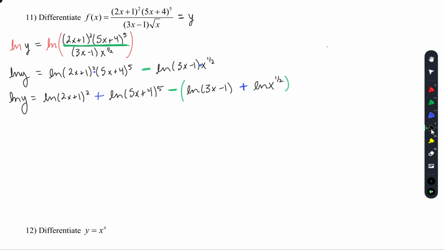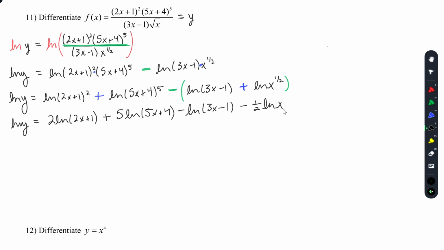I'm also going to distribute the negative sign because that's making me nervous. So natural log y equals 2 natural log of 2x plus 1 plus 5 natural log of 5x plus 4 minus the lame one that didn't do anything, minus 1/2 natural log x.